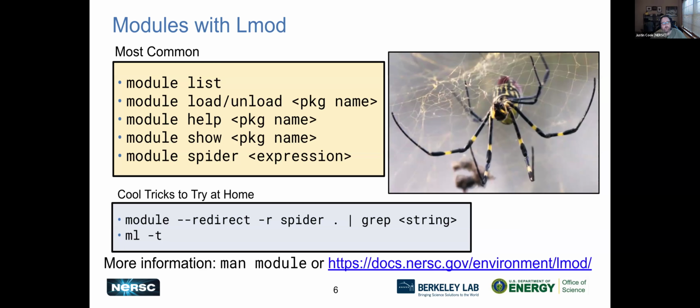You're going to module load or unload something if you need it or don't need it anymore. You can get help for a particular package if you don't know what it is or what it does. You can do a show on a package to see what we do when we modify your environment when we bring it in. And you can use the spider command, which is a way of searching through all of the potential modules.